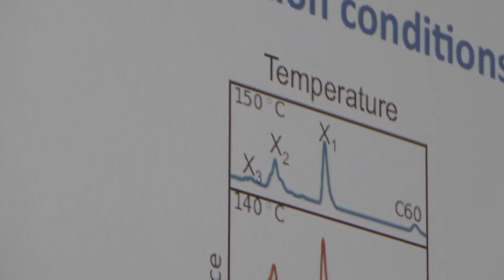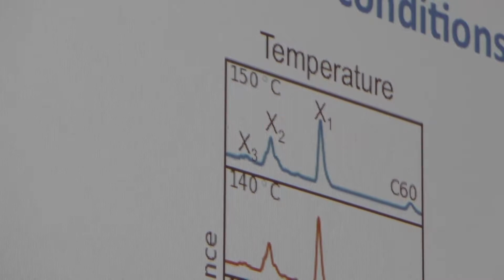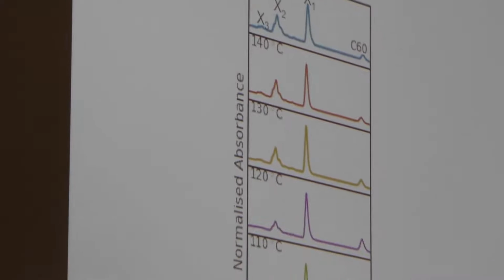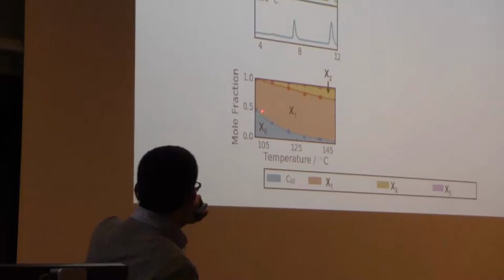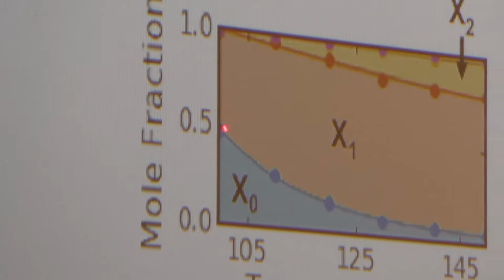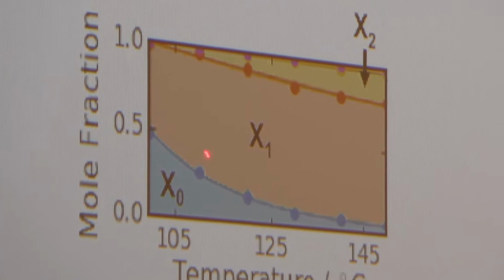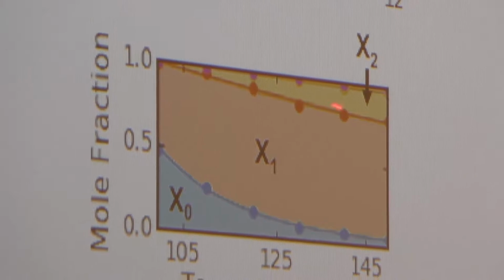And the same thing happens, and so what we can do is we can take this data and we can calculate the mole fraction of each of our different derivatives, and we can plot that out as a function of temperature, and that's what you can see here. So the blue zone here tells me the amount of C60, I would say brown, but I'm colorblind.